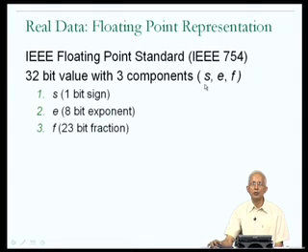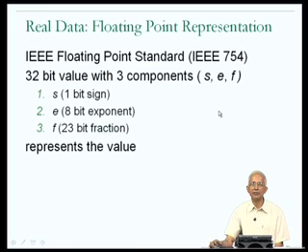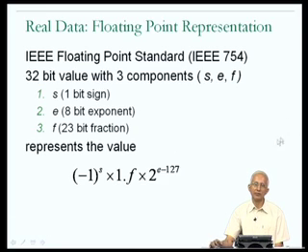Put together, the sign, the exponent, and the fraction represent a real value. The exponent is used as the power of some kind of a base, and the fraction is used as a fractional part which is multiplied by the base raised to the power of the exponent.